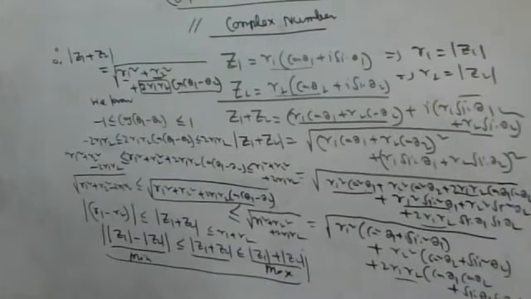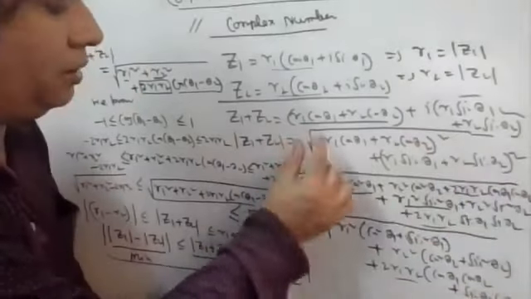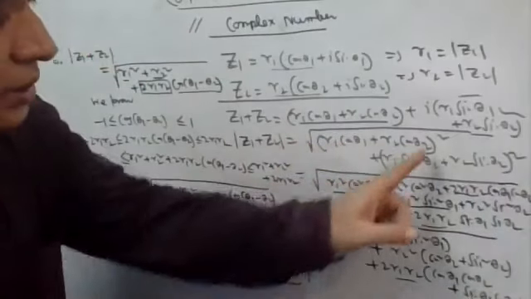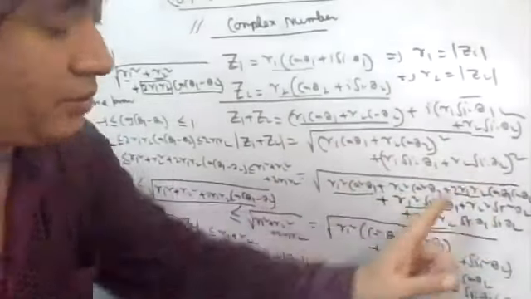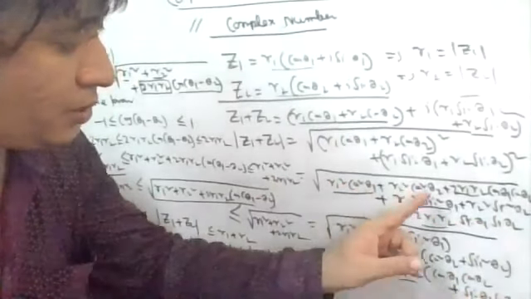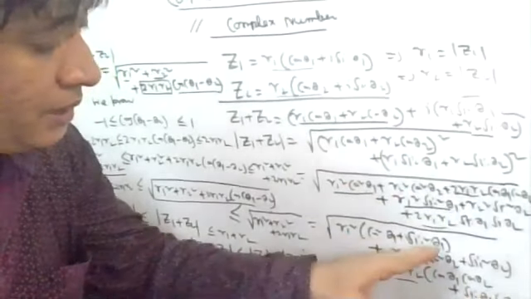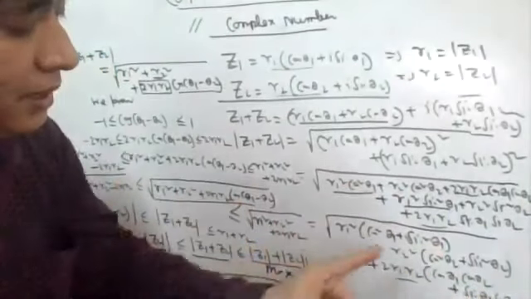So you have got what? See, the square root of x square plus y square. Open it with a plus b whole square. R1 square cos square theta 1, R2 square cos square theta 2; R1 square cos square theta 1 and sin square theta 1 are clubbed in a bracket.